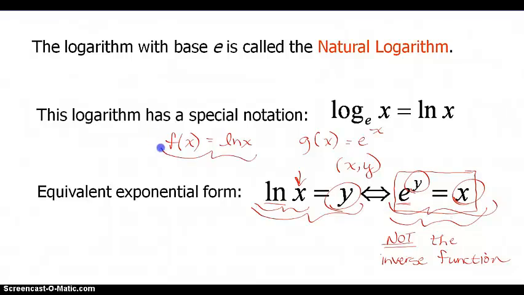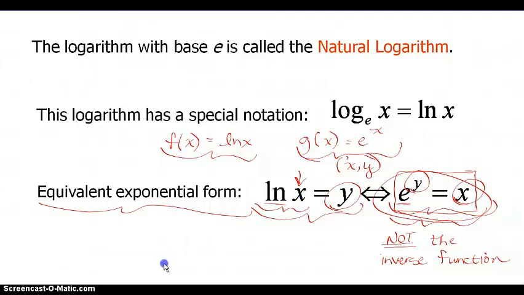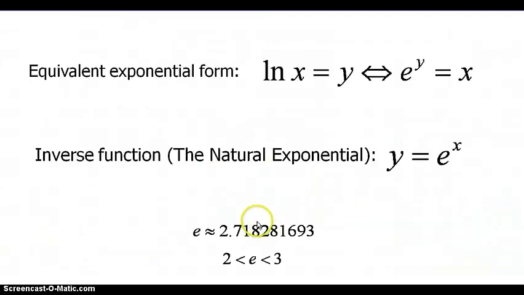These functions are two completely unique functions in the plane that don't have anything to do with one another other than being inverses. So don't get the equivalent form for a logarithm or natural log confused with the inverse function for the natural log. I want to make sure that's clear in your notes.